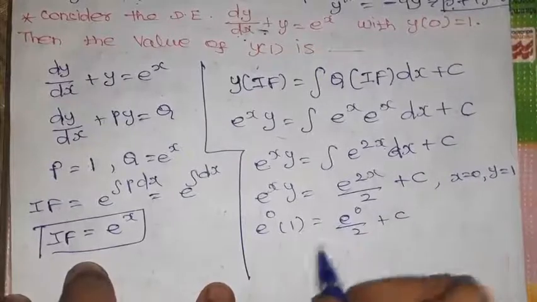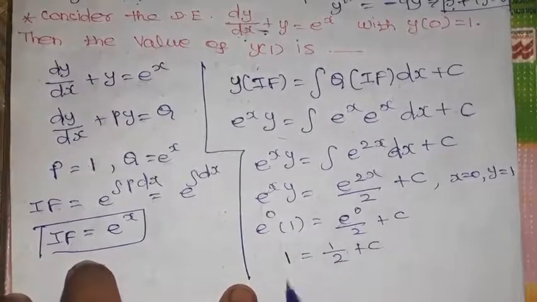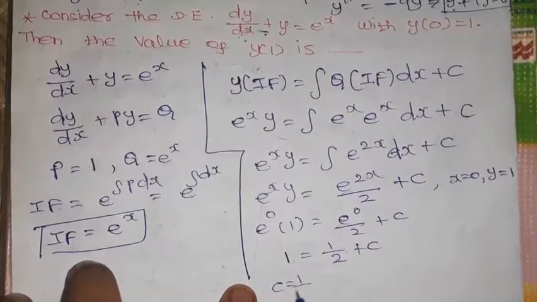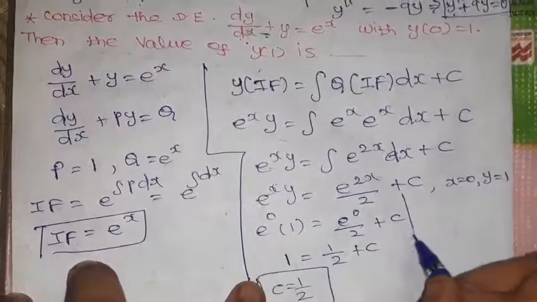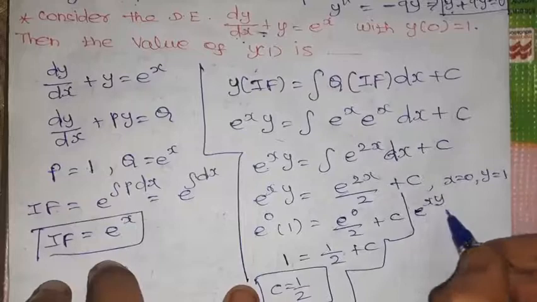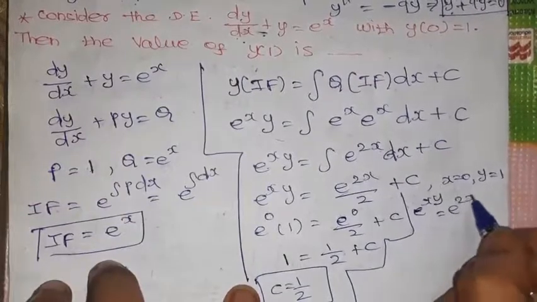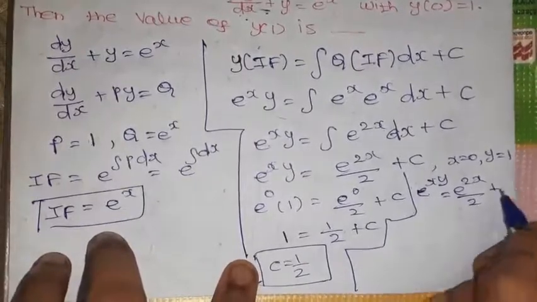So e power 0 value is 1, 1 equals 1 by 2 plus c. What is c value? c value equal to half. So substitute in this equation, right? e power x into y equals e power 2x by 2 plus, what is c value? c value equal to half.